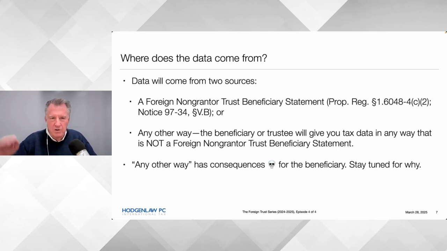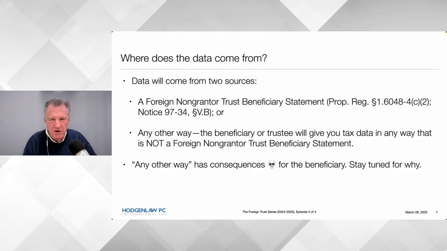This is good, or it comes to you in any other way. The email, they told you something, or they delivered a foreign non-grantor trust beneficiary statement late. There are all sorts of ways that you can get stuff. And any other way has dire consequences for the beneficiary.